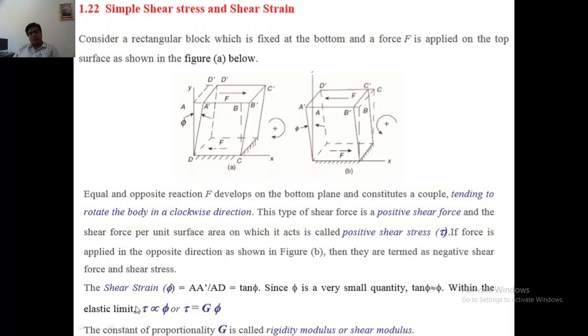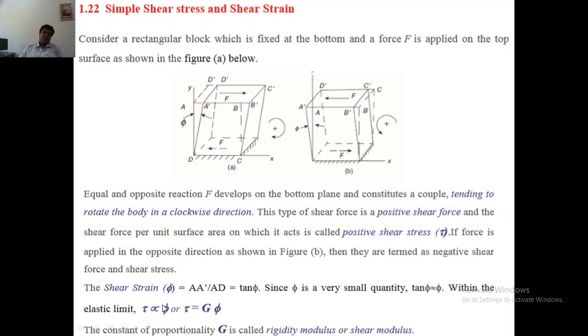So just like Hooke's law, we can apply in the elastic limit, the shear stress will be proportional to shear strain. So shear stress is proportional to shear strain, and if you want to remove the proportionality here, you will apply the constant of proportionality G. So G is called as the modulus of rigidity, or simply rigidity modulus or shear modulus.